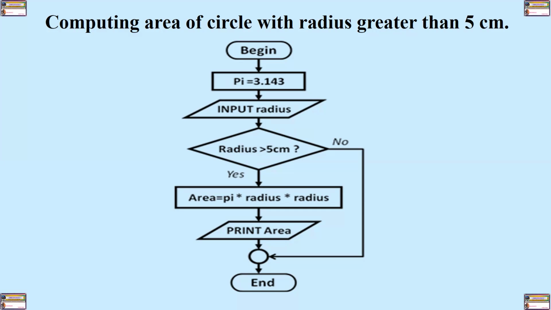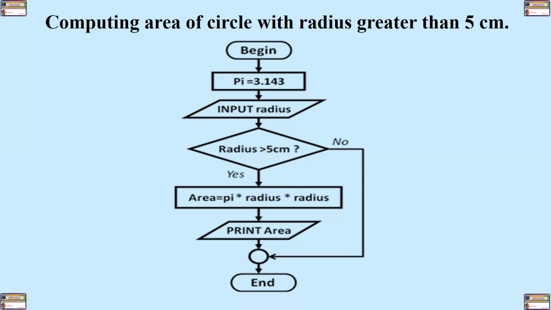If it is found to be greater than 5, that is yes, what is under the yes route will be executed. That is, the value entered as radius will be picked, multiplied by itself, multiplied by the value of memory location pi, and the result will be stored in memory location called area.